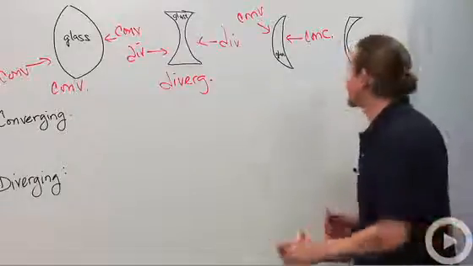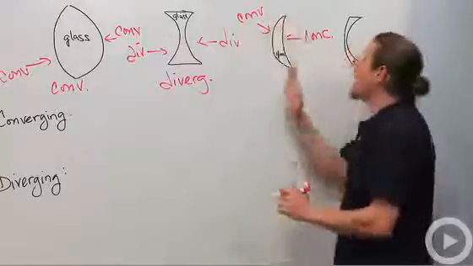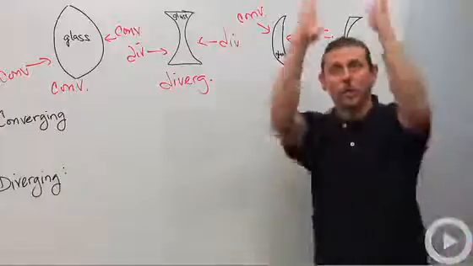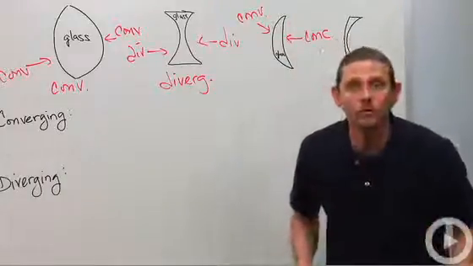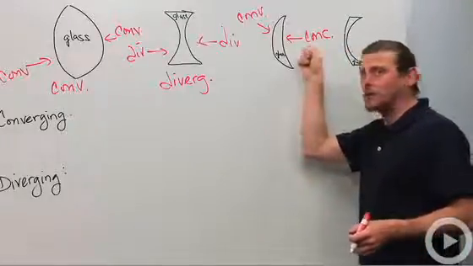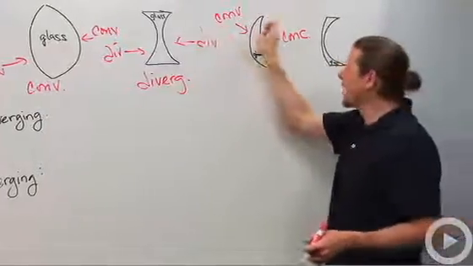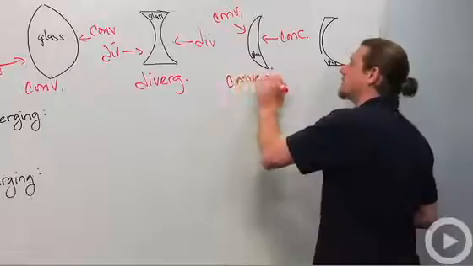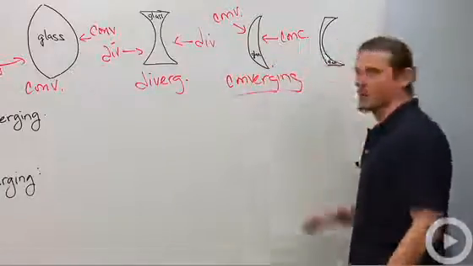Here's the idea. This side is more curvy. This side is flatter. It doesn't curve as much. Now, if it would be completely flat, then it wouldn't converge or diverge. So that means that in this case, the concave side is not as strong as the convex side. So the two together are going to combine to make a converging lens.